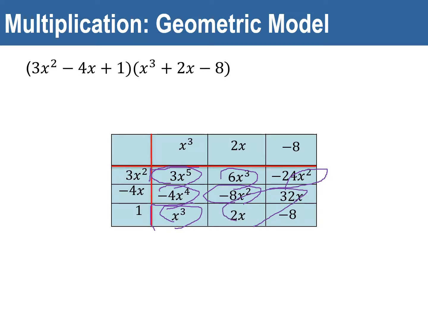Had I written this so I had no missing terms, I would have been able to just add them straight along the diagonal. So my answer is 3x to the fifth minus 4x to the fourth plus 7x cubed, 6 plus 1, minus 32x squared plus 34x minus 8.